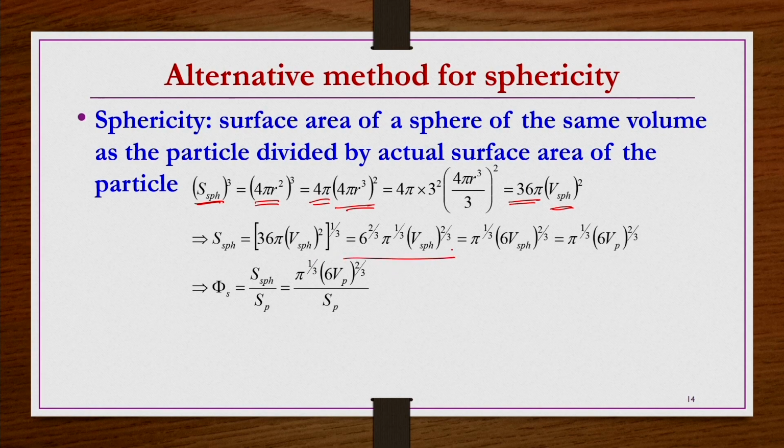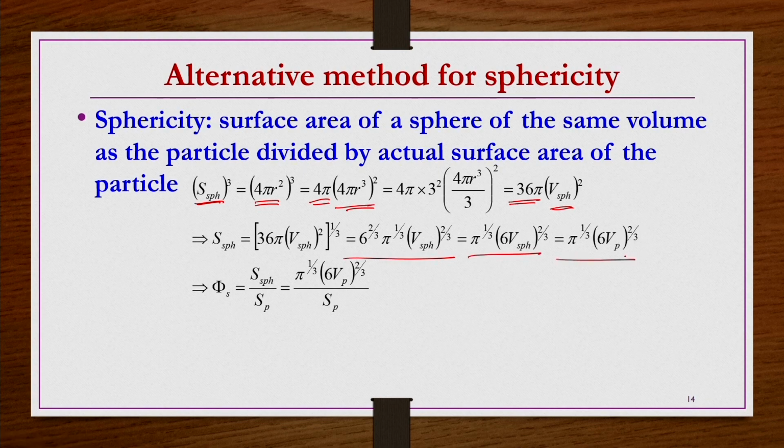If you expand this one, you can write it as 6 power 2 by 3 pi power 1 by 3 V spherical power 2 by 3. Now, this 6 and this V spherical you can combine because the powers are same. So, you have pi power 1 by 3, (6 V spherical) power 2 by 3.